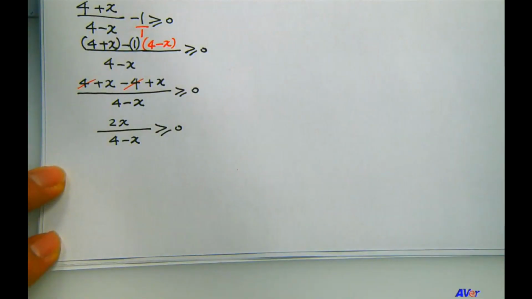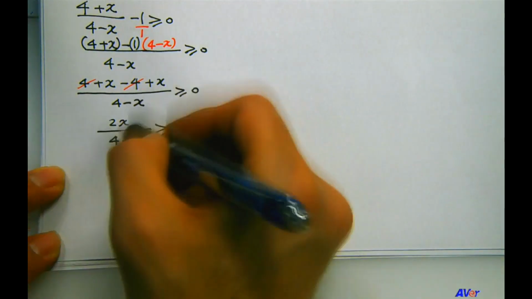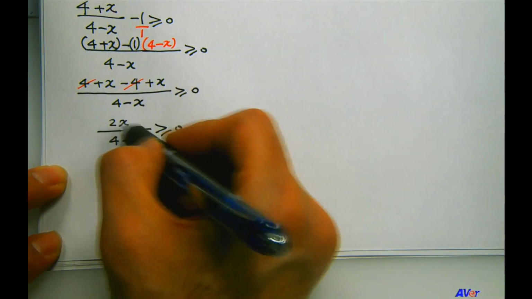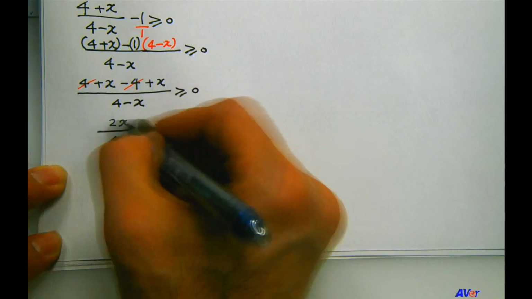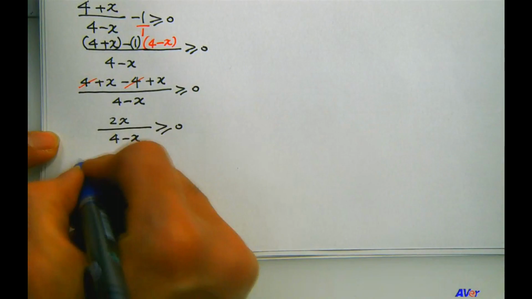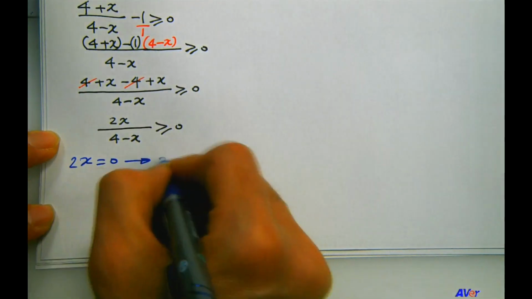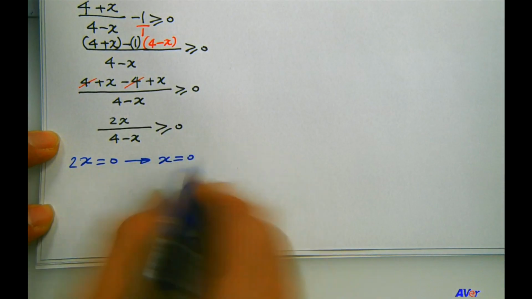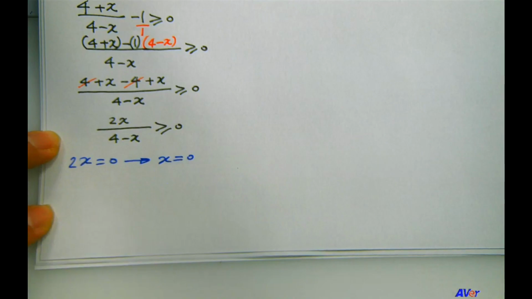What would make this expression equal to 0? You can see it easily, right? Any value that would make the numerator equal to 0 would make this whole fraction equal to 0. And x equals 0 would make the numerator equal to 0. So 2x equals 0. That means x is equal to 0. So that is one of the boundary solutions.